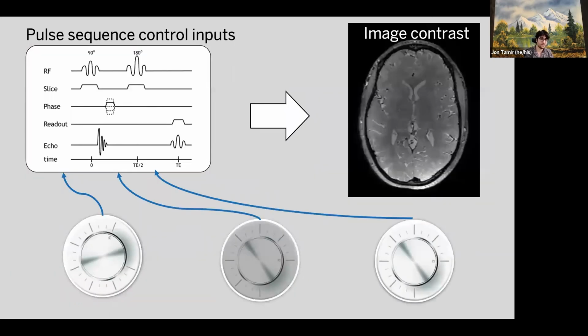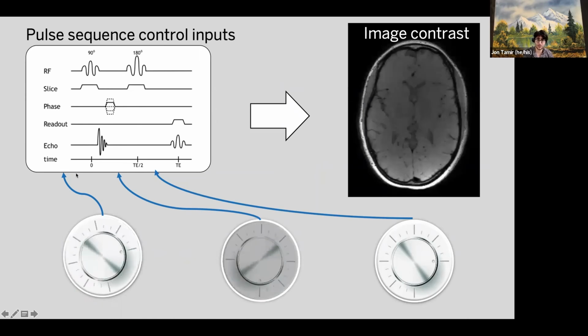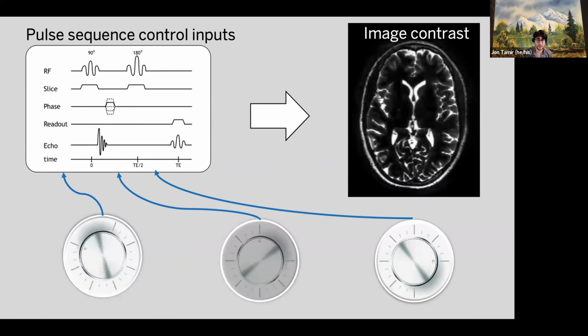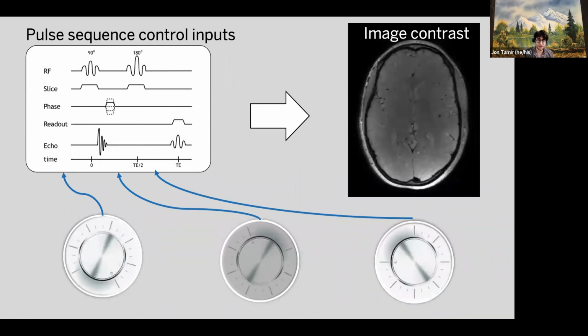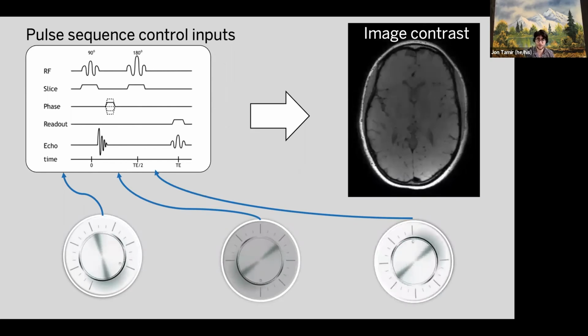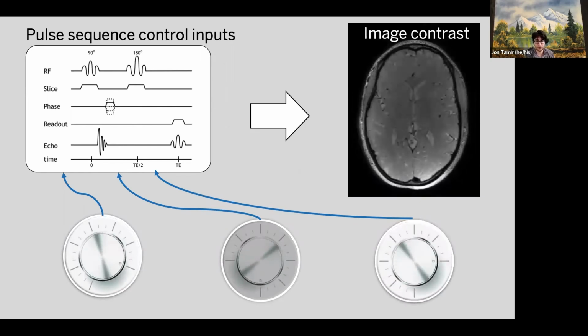And so we can think of these different acquisition parameters as knobs that we have to tune. And as we change the parameters of the sequence, that causes the underlying spin distribution to change, which will cause the image contrast to change as well. And so by manipulating the sequence, we can manipulate the contrast, and we'll get different kinds of contrast that are used for different types of clinical decision-making.